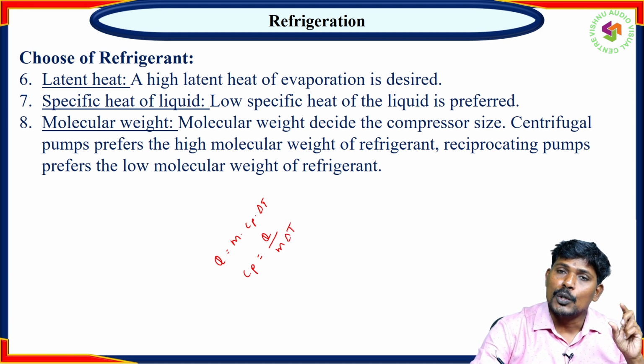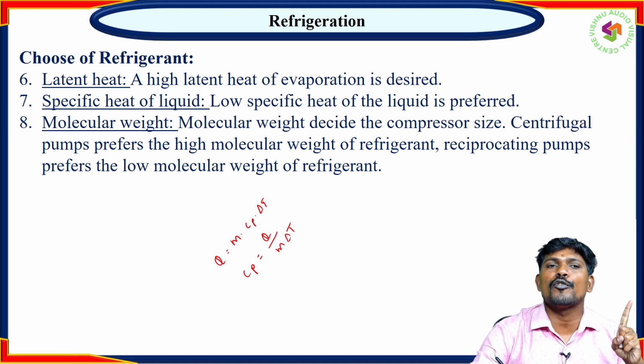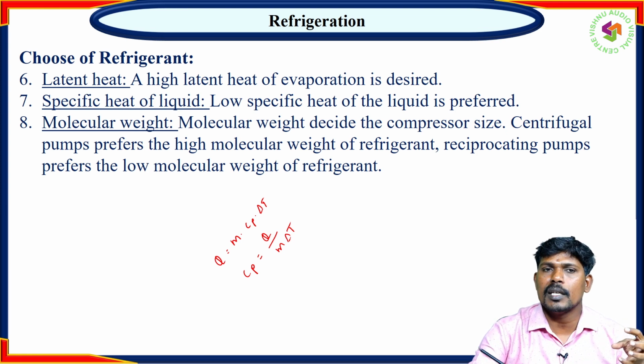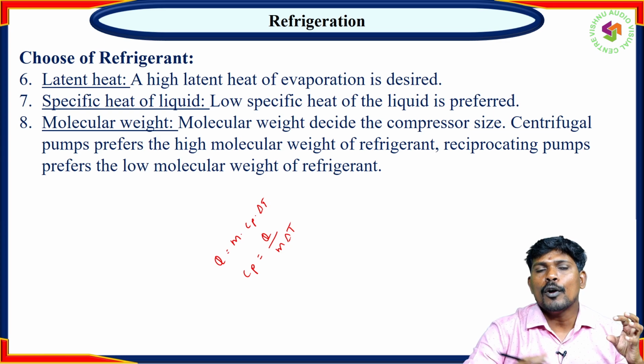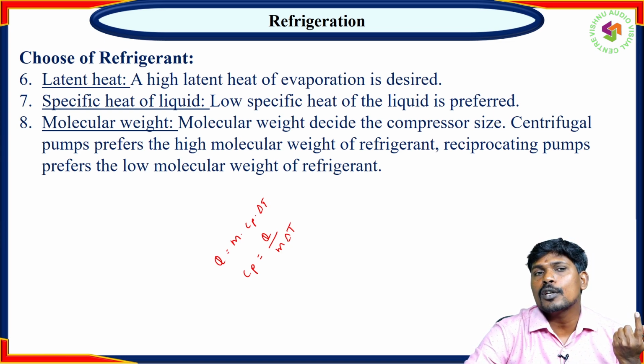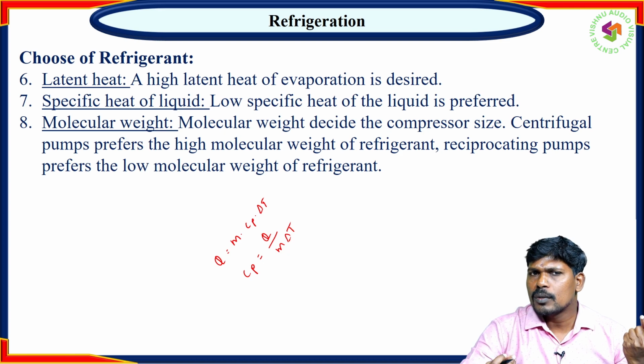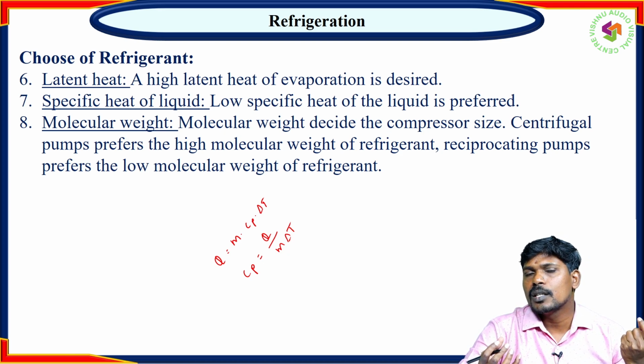To raise 1 degree centigrade in the fluid, how much amount of heat do you require. For example, you take the honey and you take the water. If you want to raise 1 degree centigrade in the honey, what amount of heat do you require? In the same way, to raise 1 degree centigrade in water, what amount of heat energy do you require?